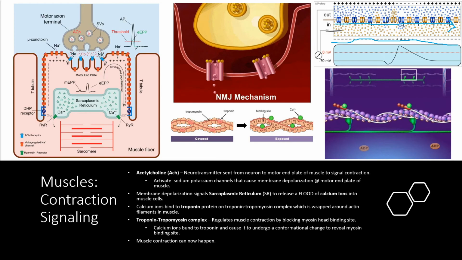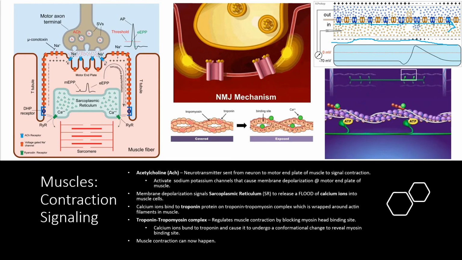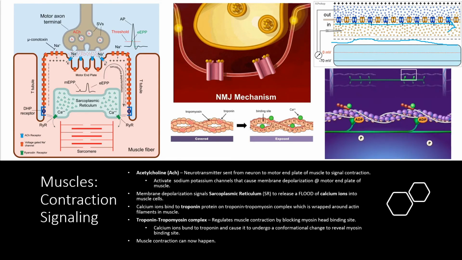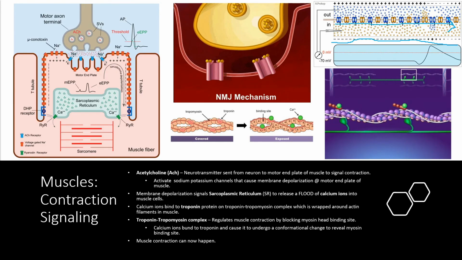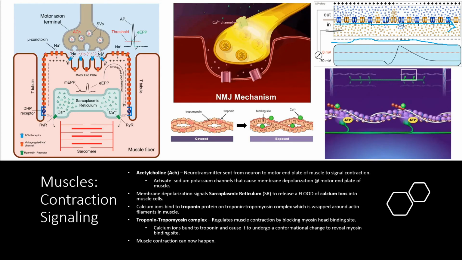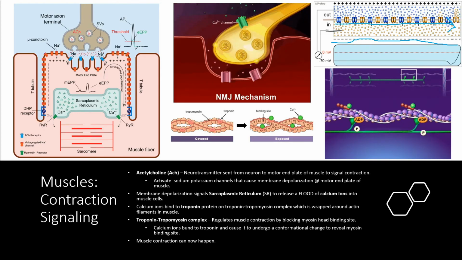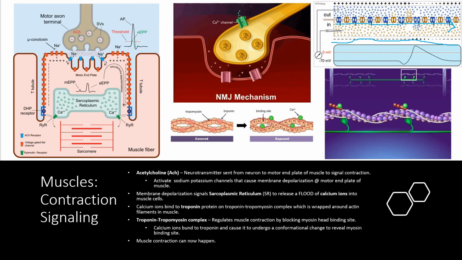The sarcoplasmic reticulum, again, is an organelle like the ER, except that its purpose is to store and release calcium ions into the muscle cell. Calcium ions are used as the intracellular, or inside the cell, signal for muscle contraction, and because of this, intracellular concentrations of calcium are kept really low.